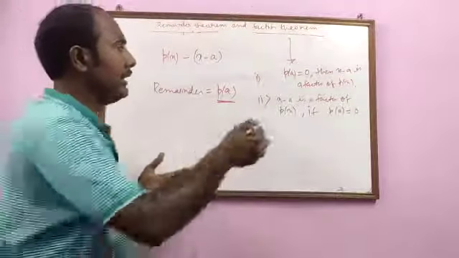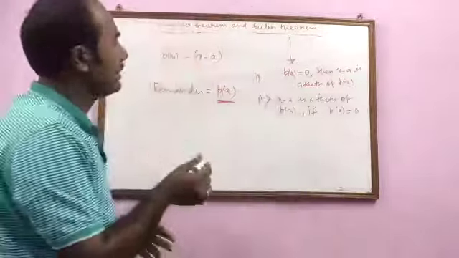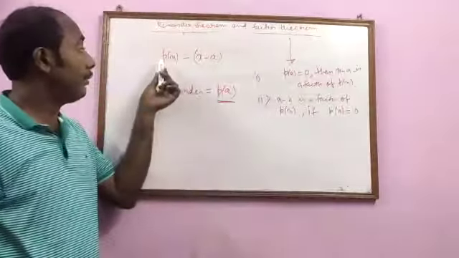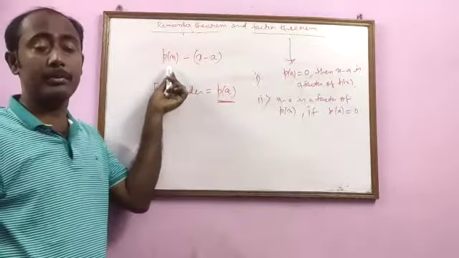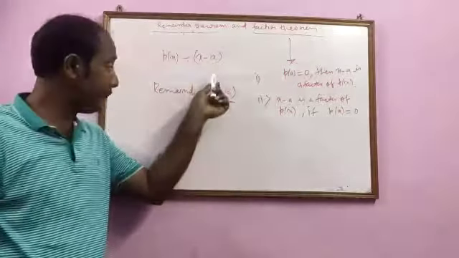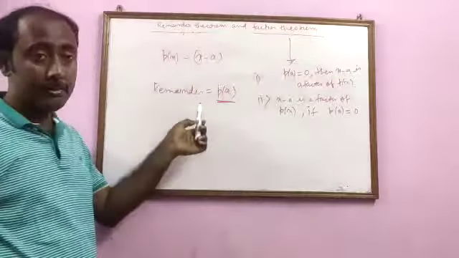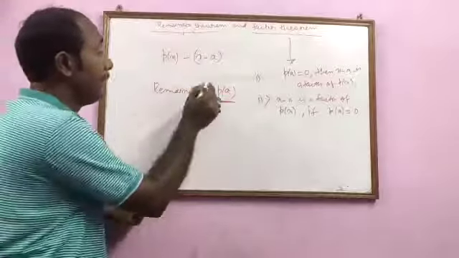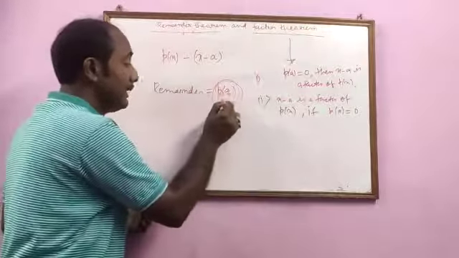This is not at all difficult to understand. You have to understand first that the polynomial should be of degree 1 or greater than 1, and x minus a should be a linear polynomial. Then only we can use the remainder theorem. While using it, P(a) is the remainder.